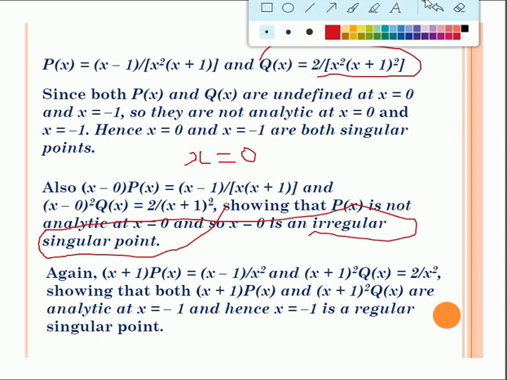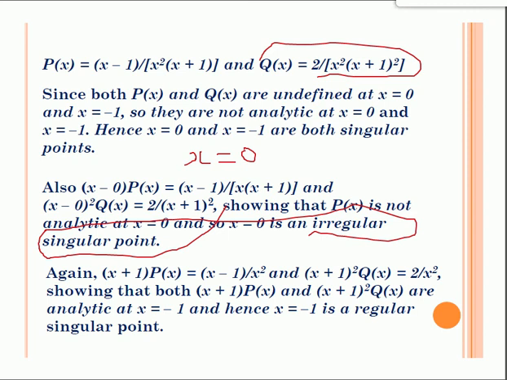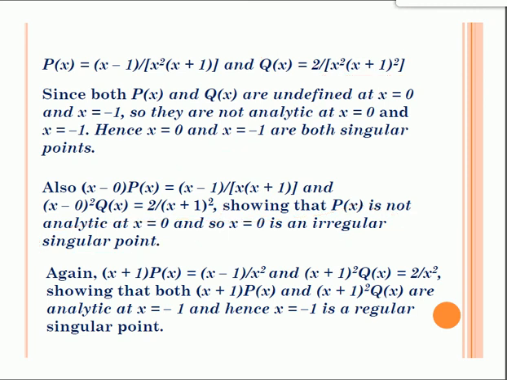Then go to the next point. Now I am taking x equal to minus 1. What is x minus x naught? For x naught, substitute minus 1, and minus 1 becomes plus 1, so x plus 1 into p of x, that is x minus 1 divided by x square into x plus 1.